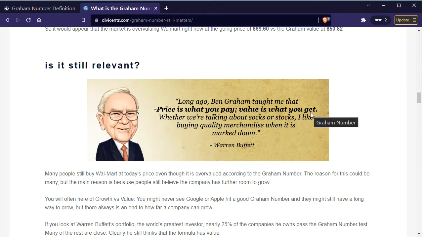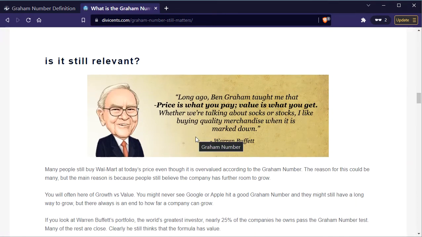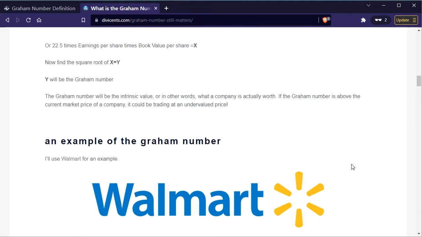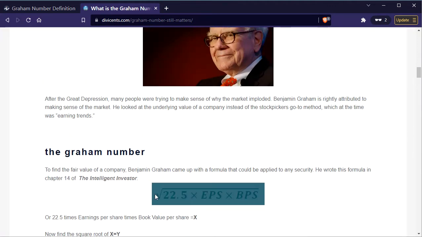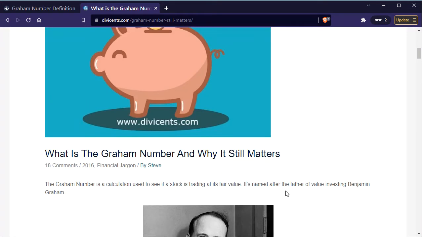So finding the real value of the company is really important, because price does not mean the value. In the real world, the market value is very high compared to the real value of the company. So like I have said, this is the formula. Let's dive into the calculation part.